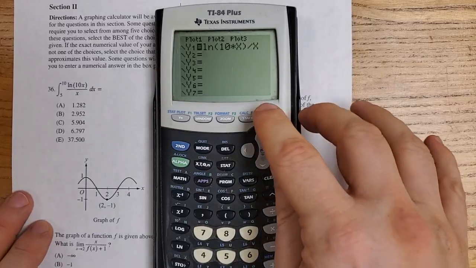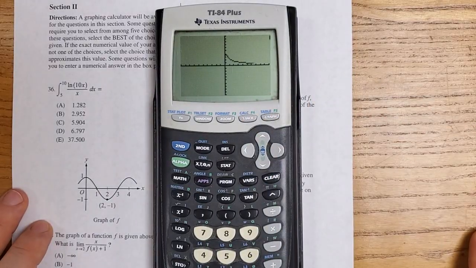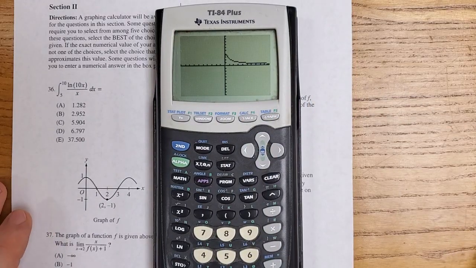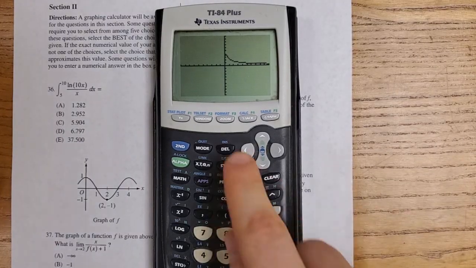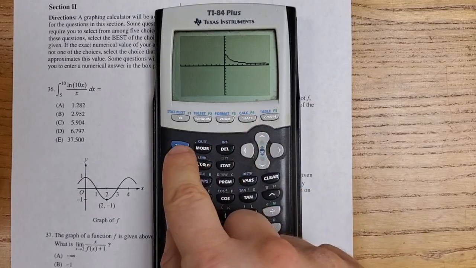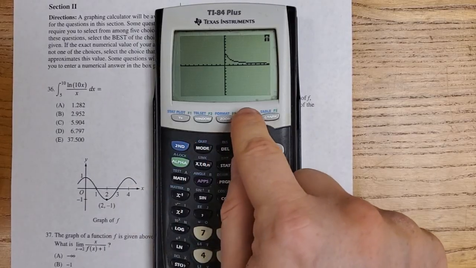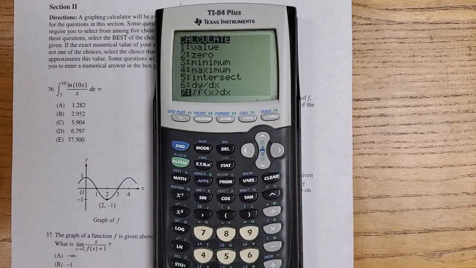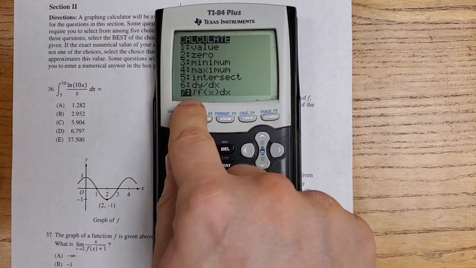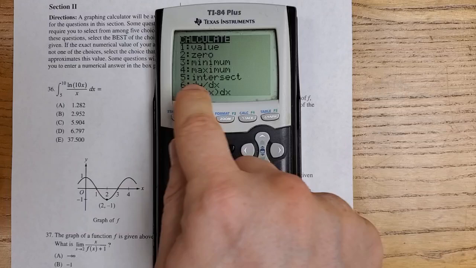And then we are going to go to the graph screen, and it's going to draw it out for us. And then you go to the calc menu. So we'd say second and hit the button to get to the calc menu. And you go down to the integral. You see the integral sign, f of x dx.